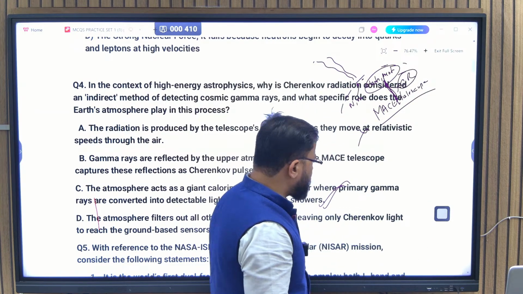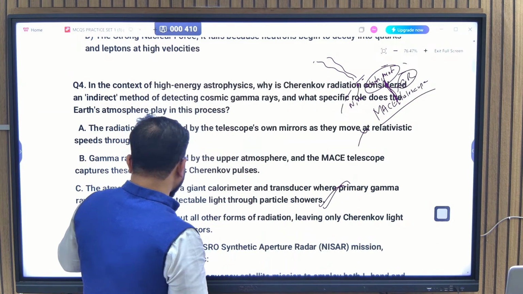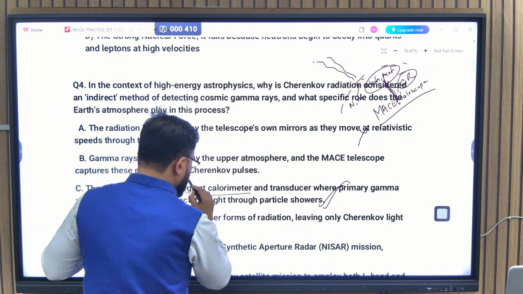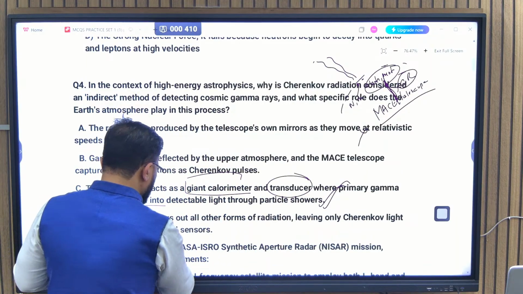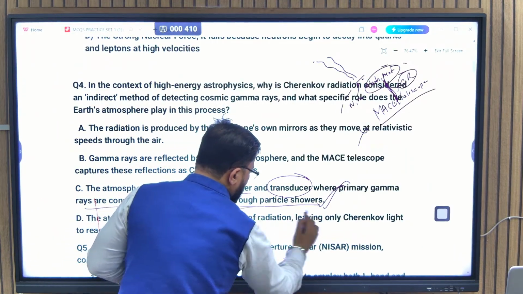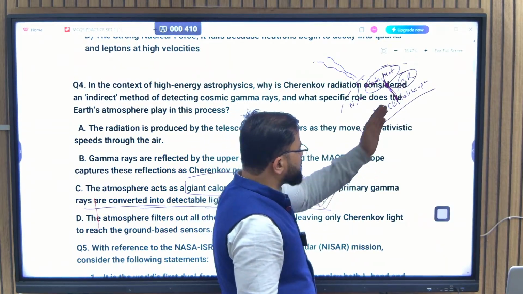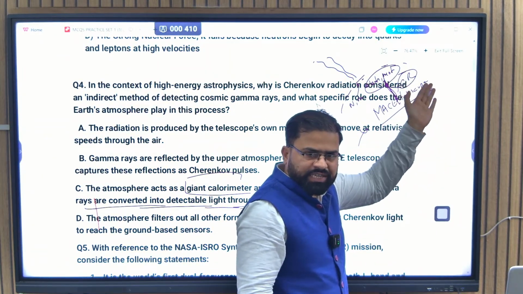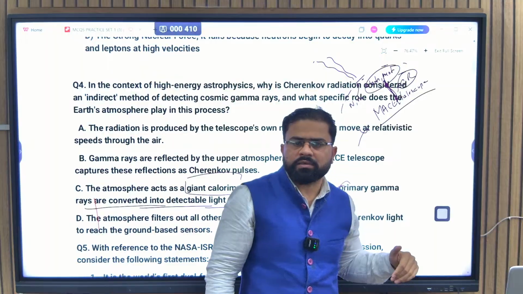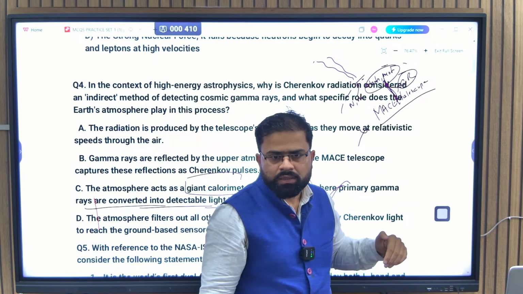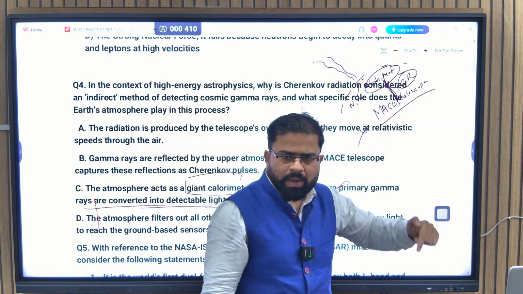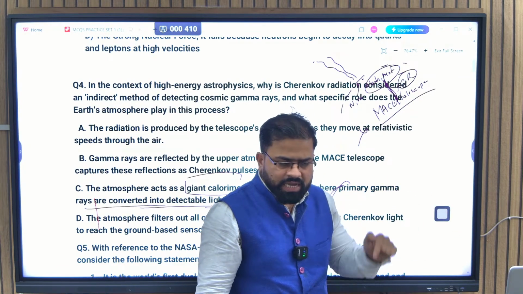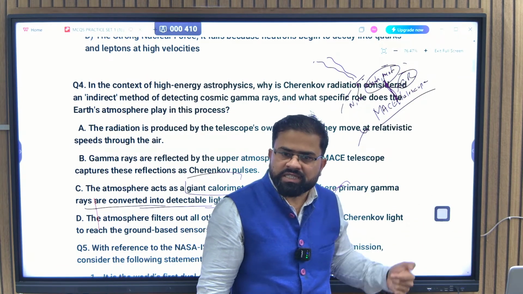Is it okay? So here you can see that the atmosphere acts as a giant calorimeter and transducer where the primary gamma rays are converted into detectable light through the particle shower. Ultimately, these electrons and protons are generated when the gamma ray strikes the atmosphere. They become the particle shower, and at that point they move faster than the speed of light in the medium, and this is how it is captured.